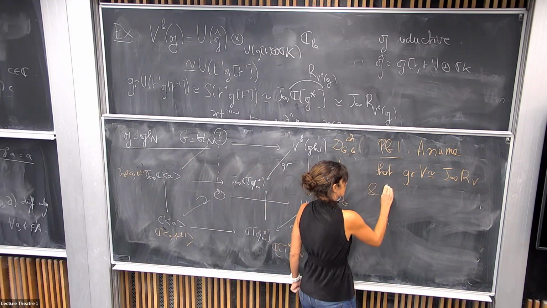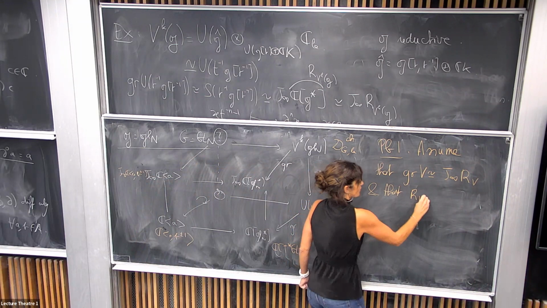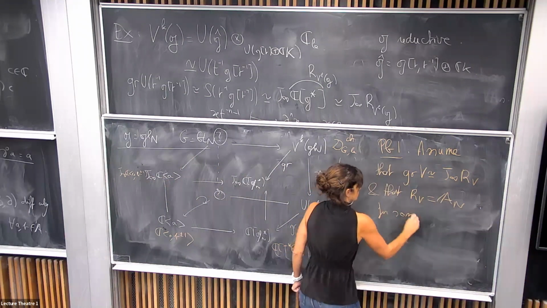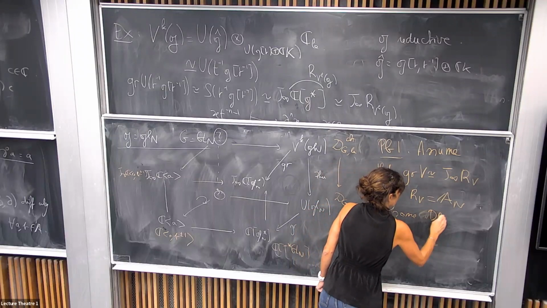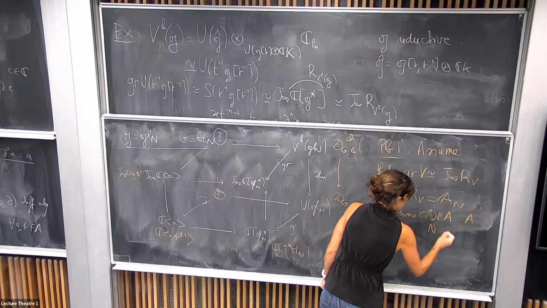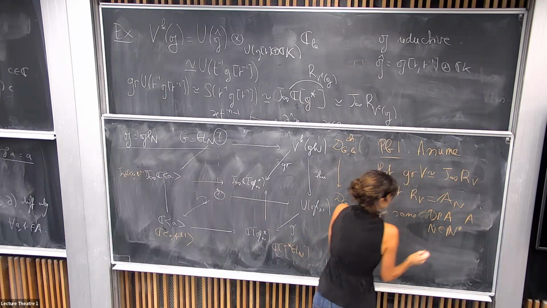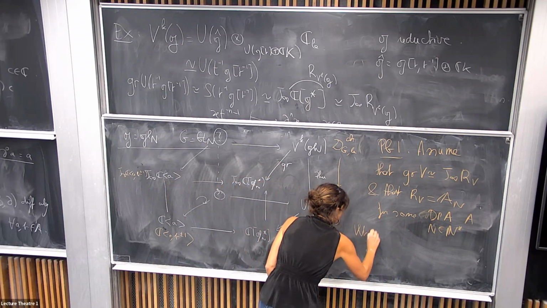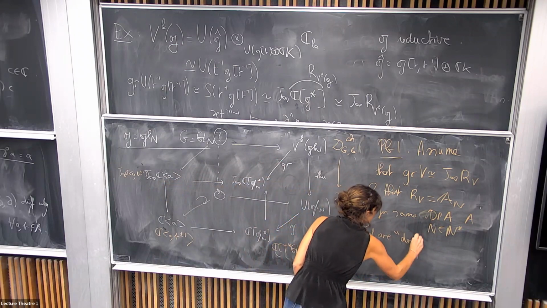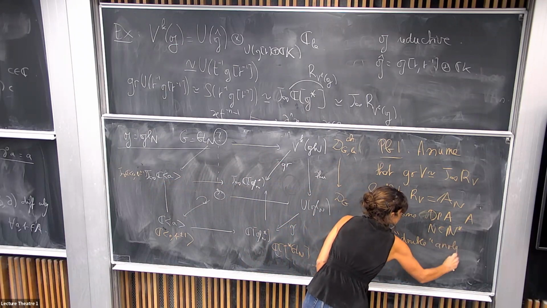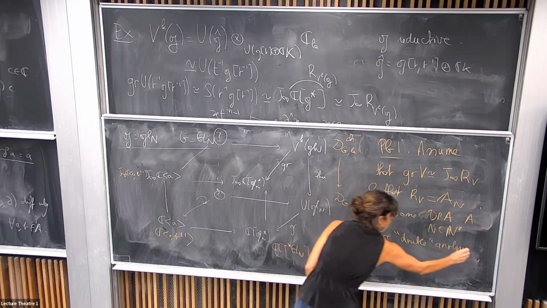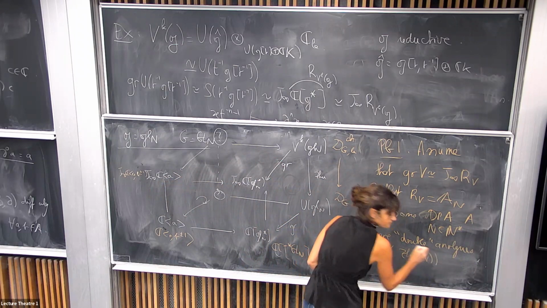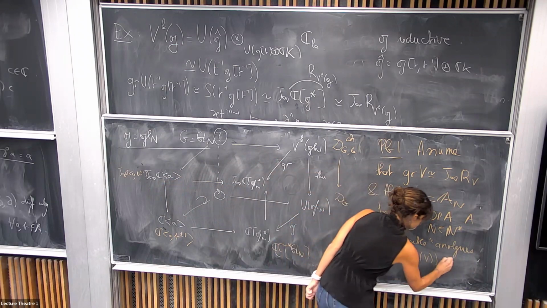And that R_V comes from a double Poisson structure for some double Poisson algebra A and some N. So can we describe the double analog of V, and you can ask also the zoo of V. So this is the question.